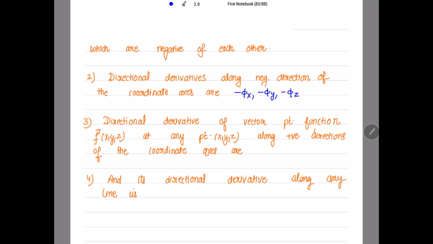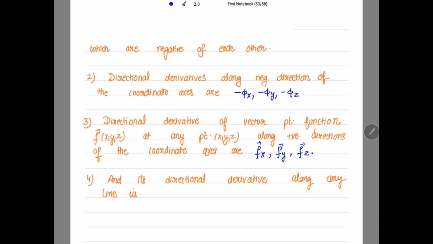Directional derivative of a vector point function f vector. Similarly, for f vector at any point x, y, z along the positive direction of the coordinate axis, the directional derivatives are vector fx, vector fy, vector fz.